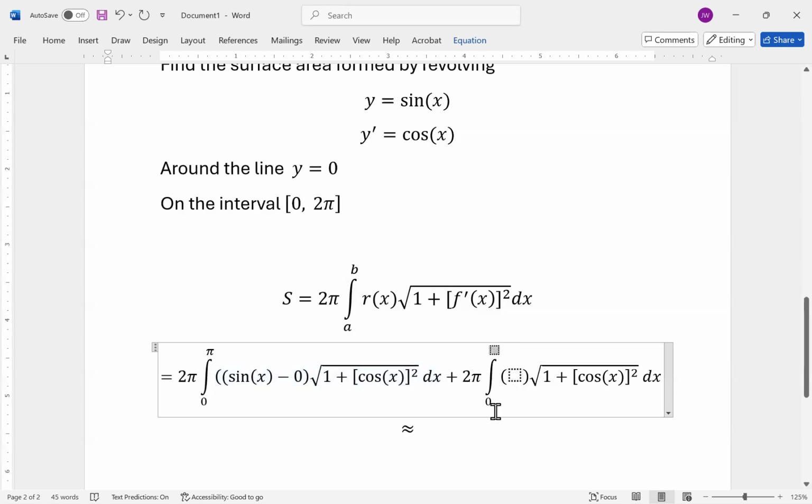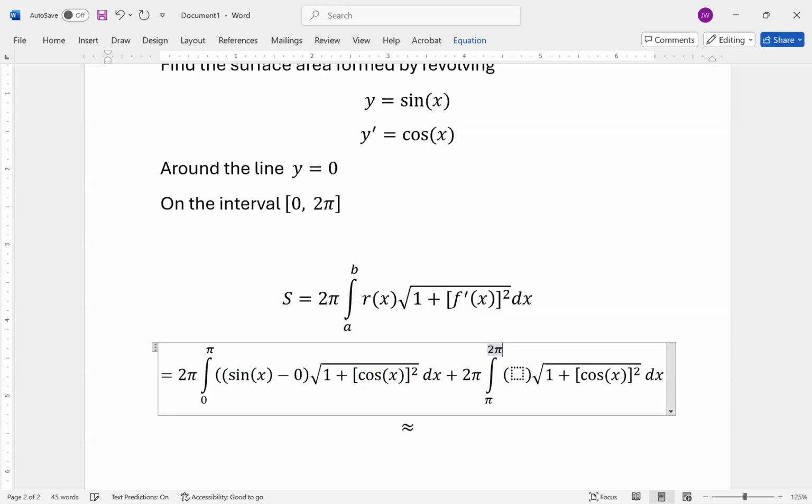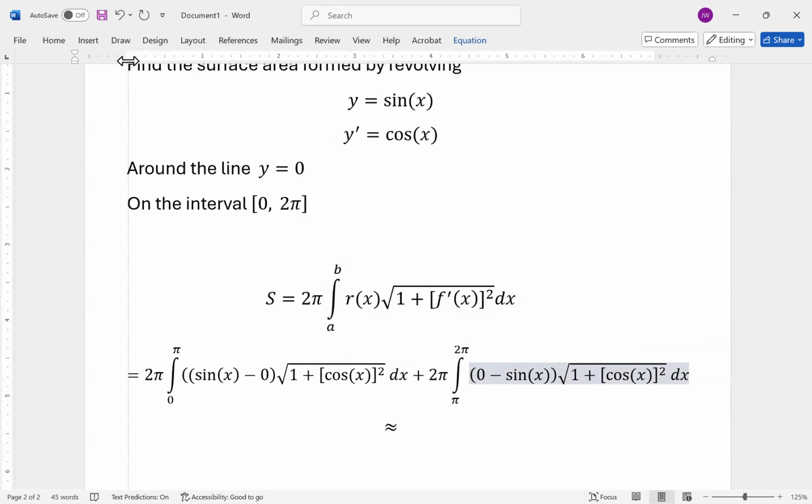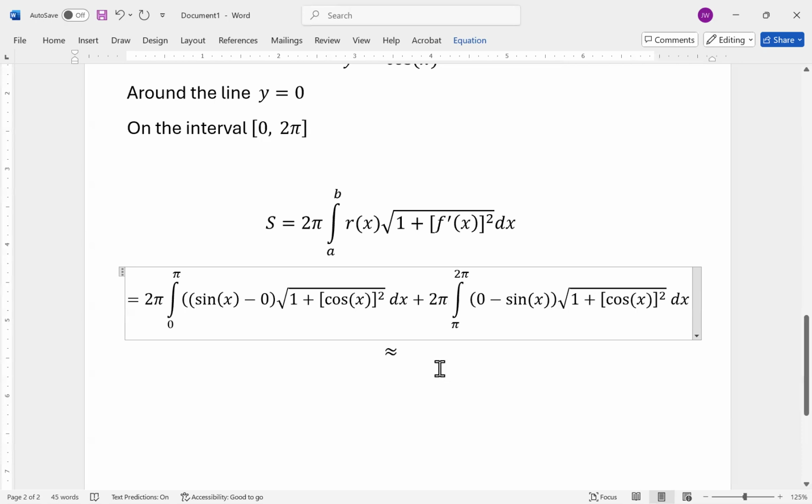And from pi to 2 pi, we get it the other way. 0 is above sine, so we go 0 minus sine of x. That's all integrated with respect to x.